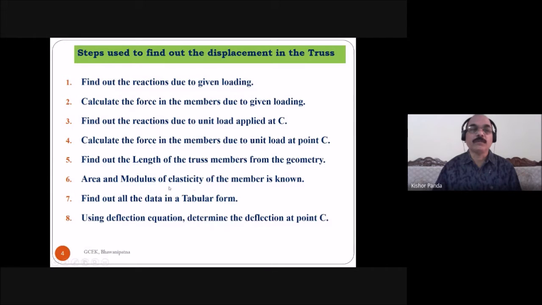Then the area and modulus of elasticity of the members are known. Find out all the data in tabular form. Then using the deflection equation, determine the deflection at the point C.